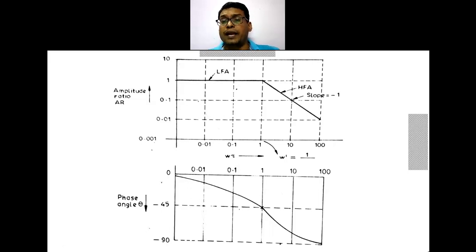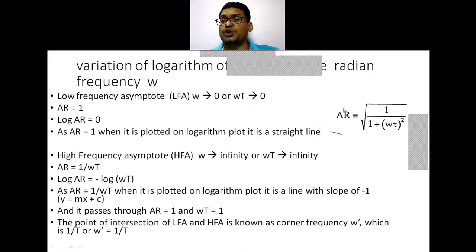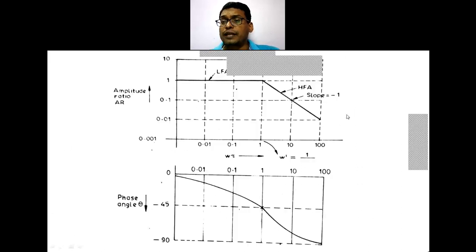So omega is on the log scale, and amplitude ratio is also on the log scale. Now how to plot this amplitude ratio? You can see here there are two lines.